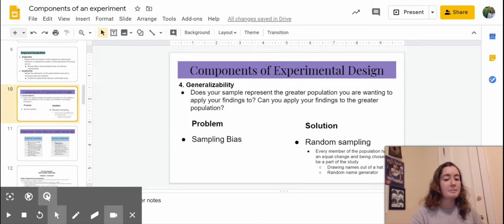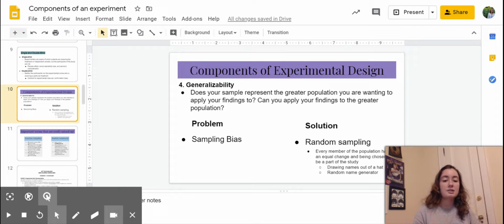That would be sampling bias. And the solution to sampling bias is using random sampling. This is where every member of the greater population, when you're choosing your sample, has an equal chance of being a part of that sample.